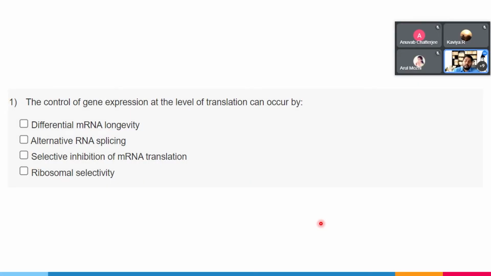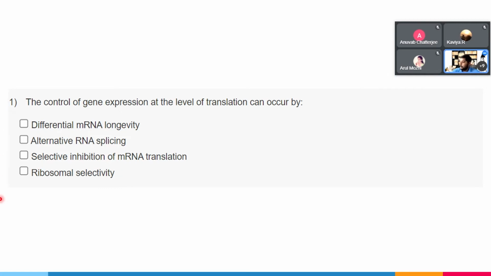So for a long time we have been discussing how exactly gene expression is regulated, and this question probably concludes everything. The question asks what the control of gene expression at the level of translation can occur by. The following options are there: differential mRNA longevity, alternative RNA splicing, selective inhibition of mRNA translation, and ribosomal selectivity.